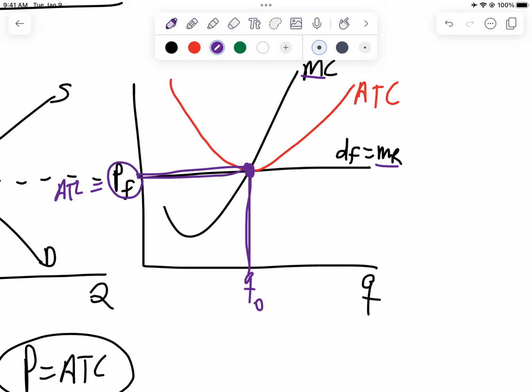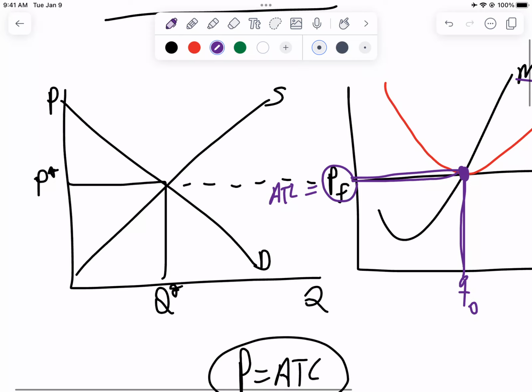And then the question gives you a shock. If there was an increase in the number of buyers, draw the change in the market and the firm's graph. I drew it in orange to show you what's happening there. When there's a change in the market, which we've already talked about, a determinant of demand could be price of substitutes, price of complements, number of buyers, or income.